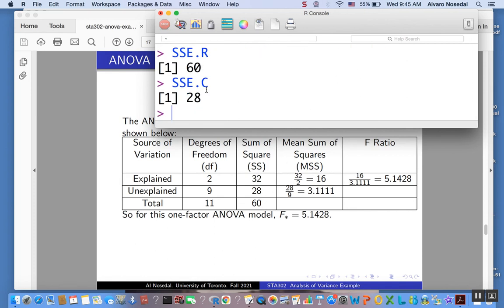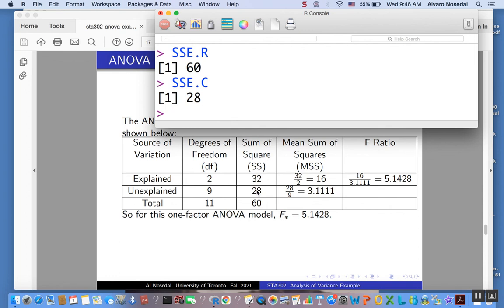Then the sum of squares for the complete is the one in the explained, or the treatments, part. Then to find the sum of squares unexplained, or what we called before the sum of squares of the error, is just the difference between these two.